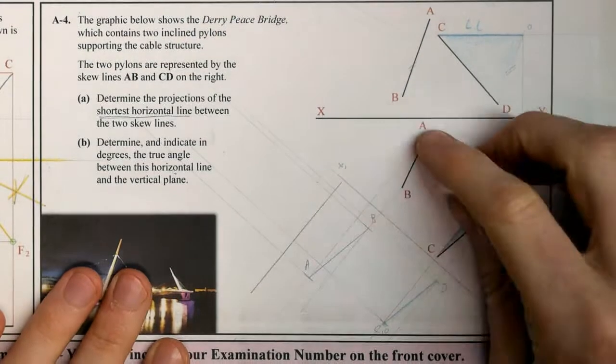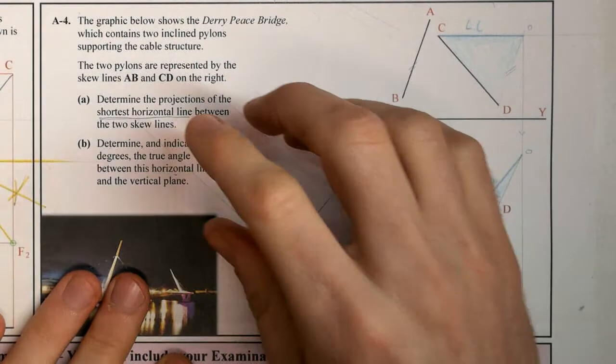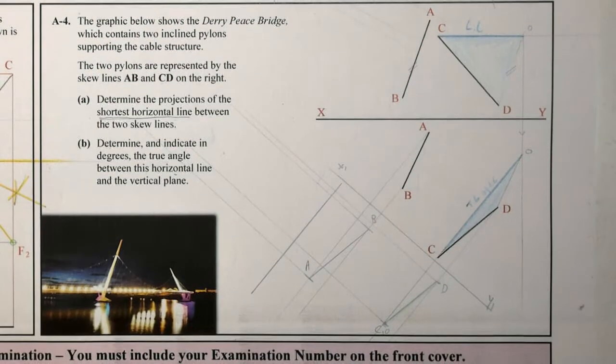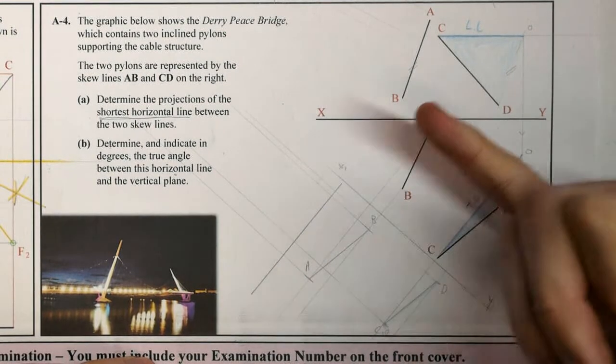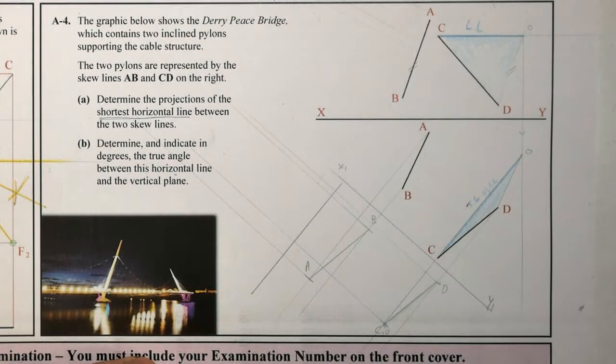Okay, so here's a plan, auxiliary elevation, auxiliary plan. So it's a plan view I'm creating, and I want to go back 2 views to get my distances from my x1, y1 to my plan view.